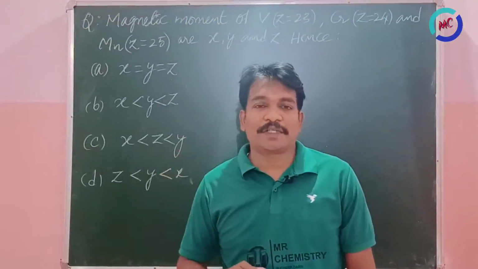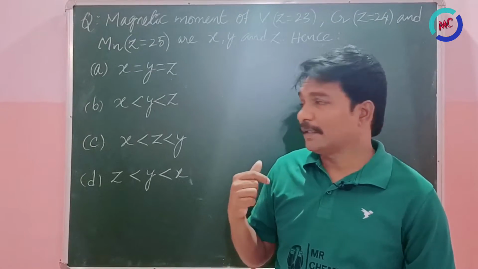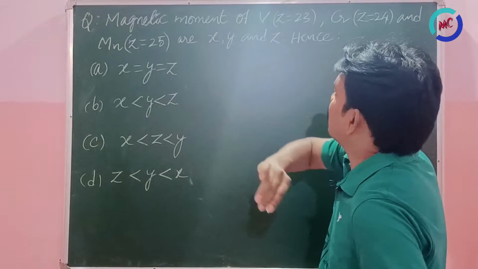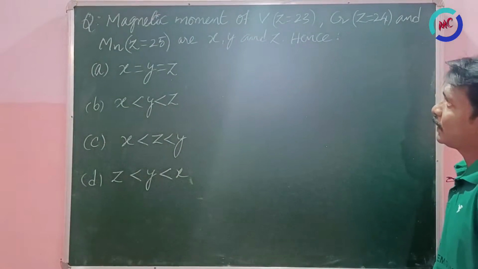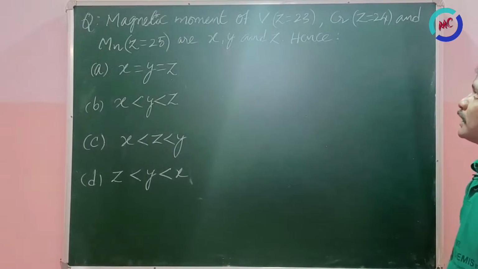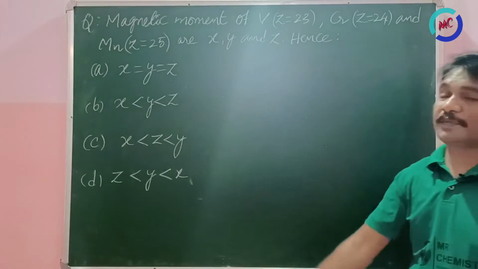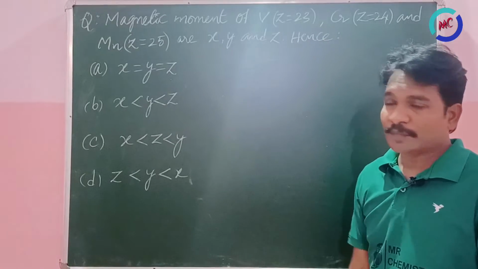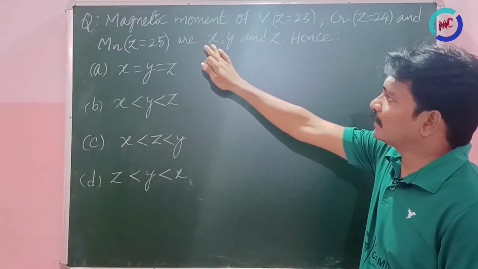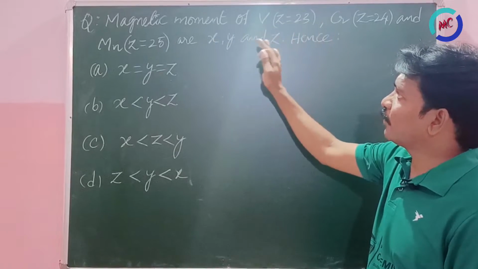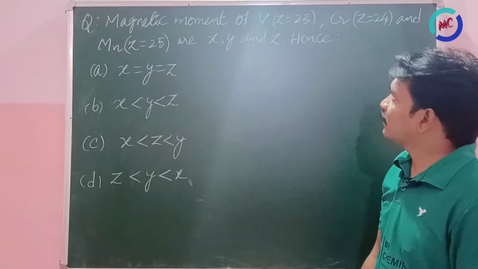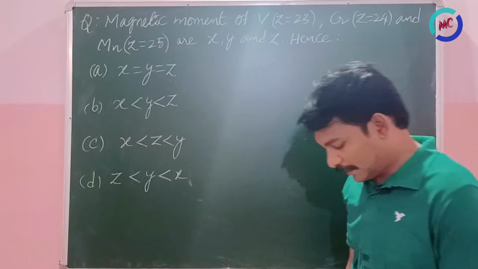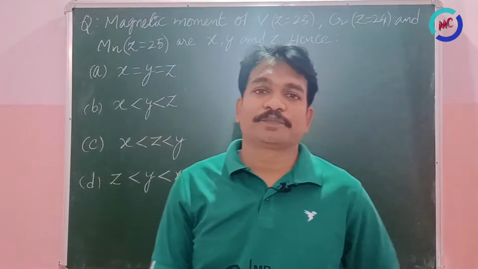And here one more example is there on the board, and it is a different case. See here, magnetic moment of vanadium with atomic number 23, chromium with atomic number 24, and manganese with atomic number 25 are X, Y and Z. Means they gave magnetic moment as X, Y and Z. They are asking what is the order of these X, Y and Z. I will give one hint to you.